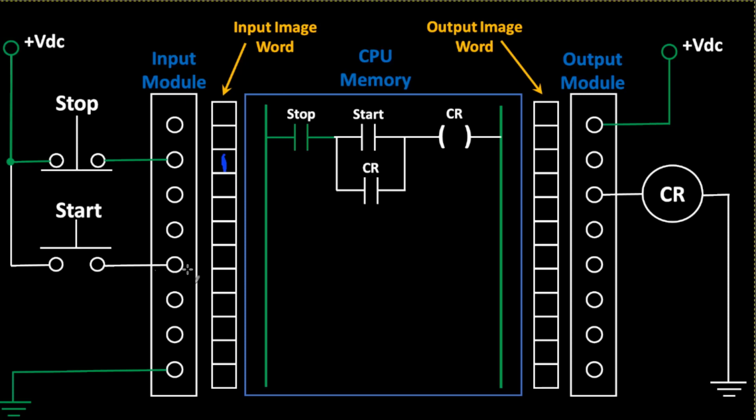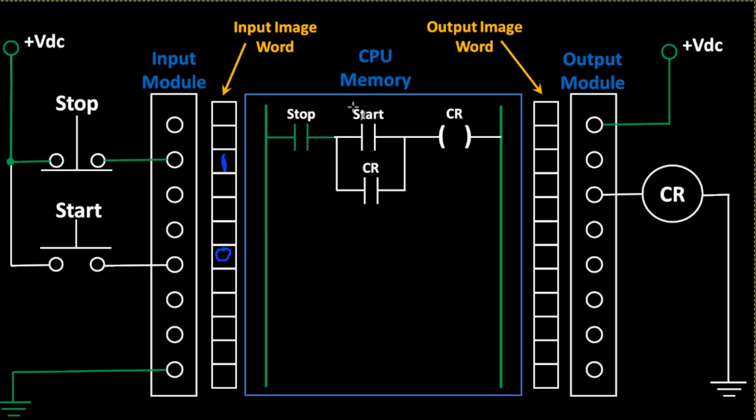There is no current flow here, and it will have a 0. And with a 0 in that bit position, it says that the coil is not energized for that start push button. Therefore, the normally open contacts are open and the normally closed contacts are closed. And that's exactly what's happening.